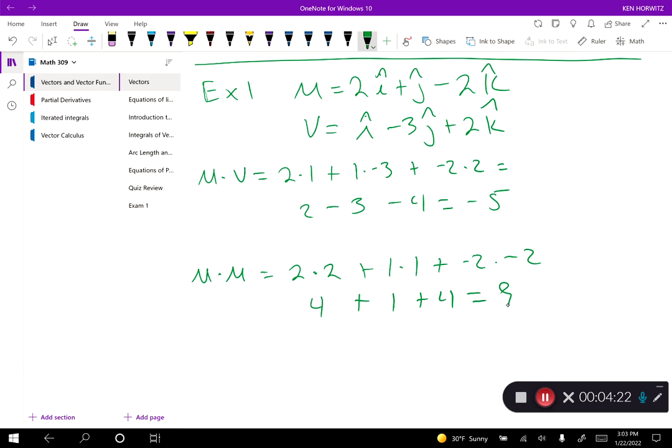So let's say I want to do something with multiple operations. I have u dot v, and then I'm going to multiply that times vector v. The first thing I know from the above answer is that u dot v is negative 5. I don't necessarily need to redo my math. Then I'm going to multiply that times vector v, so that's i minus 3j plus 2k.